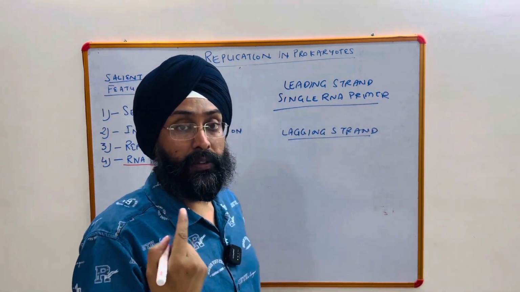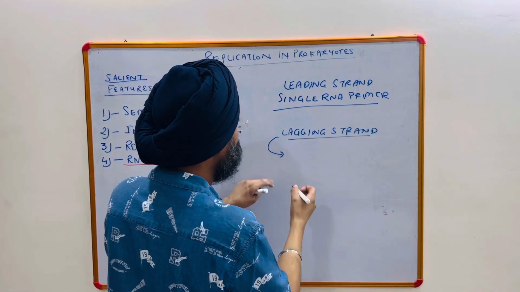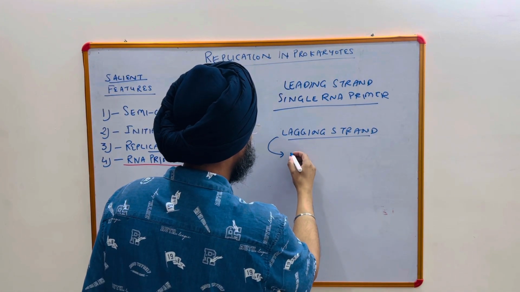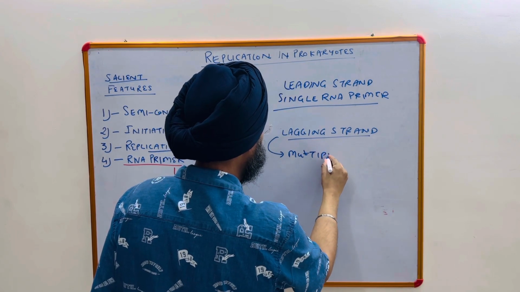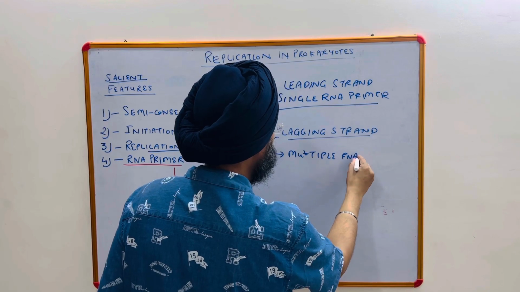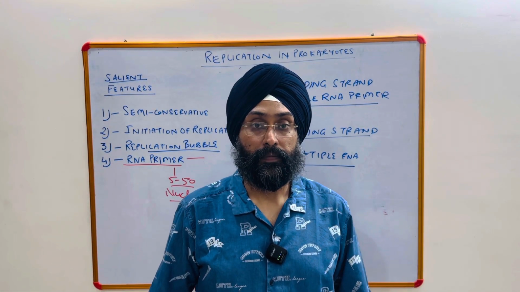And there is continuous synthesis there. But in the lagging strand, multiple RNA primers are required, and there should be continuous synthesis of RNA primers.